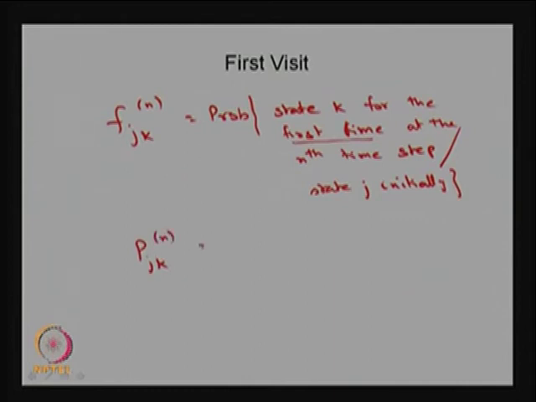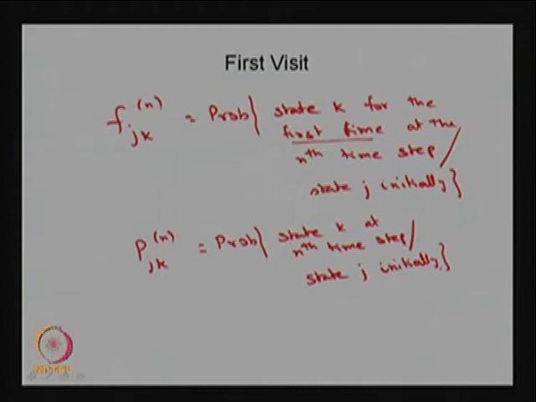This is also a conditional probability, whereas this probability is defined as: what is the probability that the system reaches the state k at the nth time step, given that it was in the state j initially.